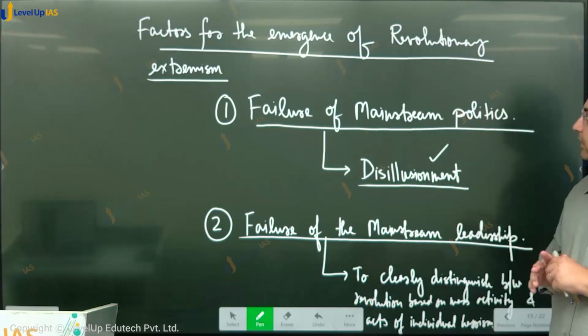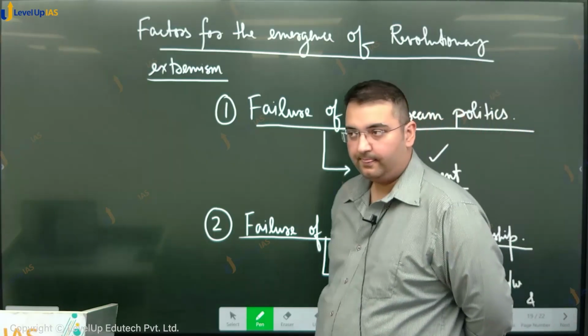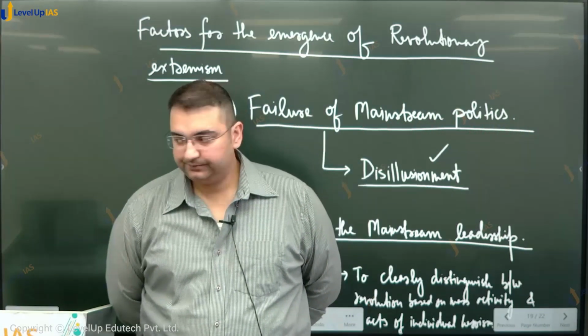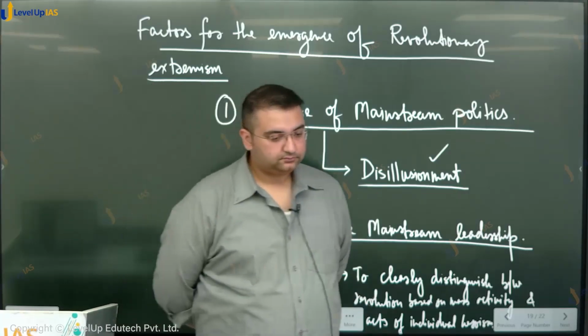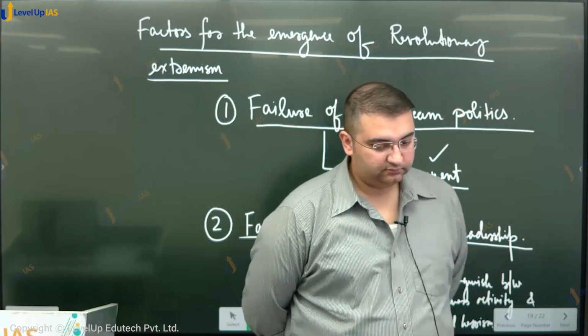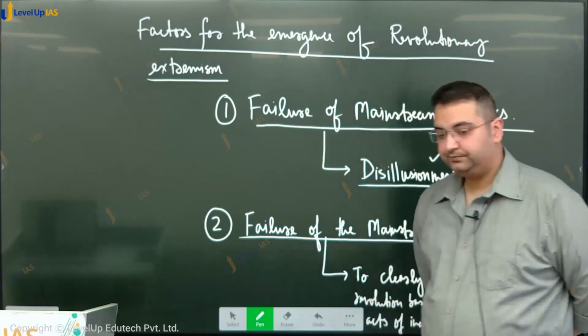Next heading though, factors for the emergence of revolutionary extremism. Write down.